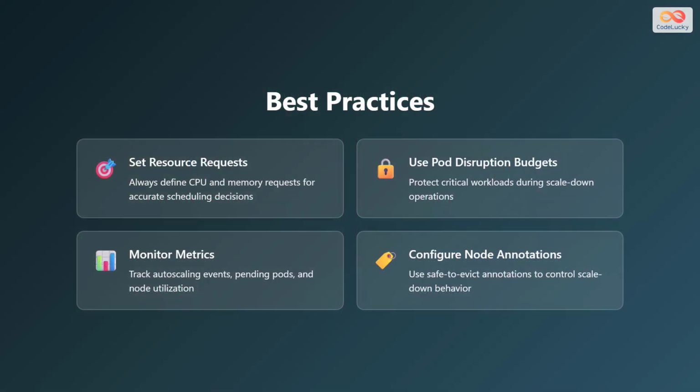To get the most out of Cluster Autoscaler, follow these best practices. First, always set resource requests for your pods. Define CPU and memory requests so that the scheduler and autoscaler can make accurate decisions about pod placement and node sizing. Second, use pod disruption budgets to protect critical workloads during scale-down operations. This prevents the autoscaler from removing nodes that would cause application disruptions.